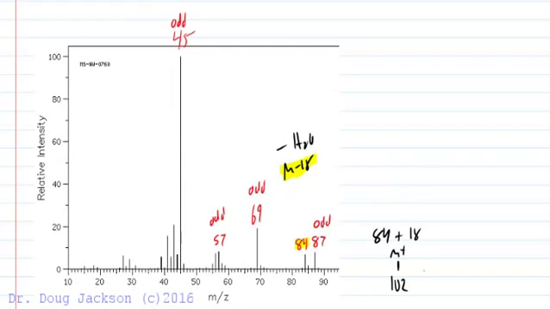It doesn't make it all the way down to the detector. So when we say 102, we check to see if the fragments are realistic, and we see that from 102, this 87 would be an M-15. That's loss of methyl, so we feel pretty good about the molecular ion being 102 here due to that loss of water.